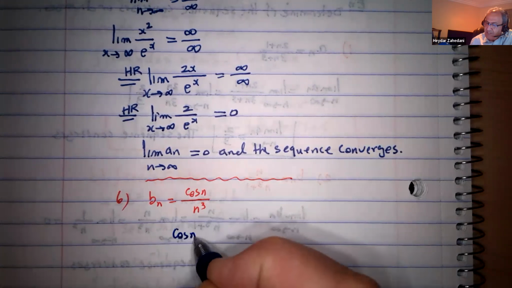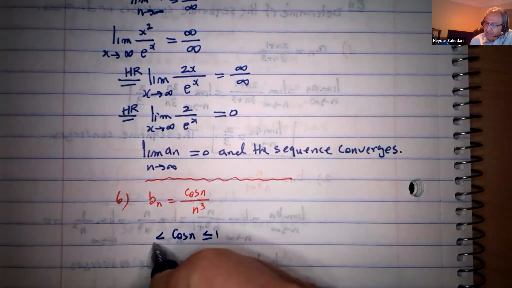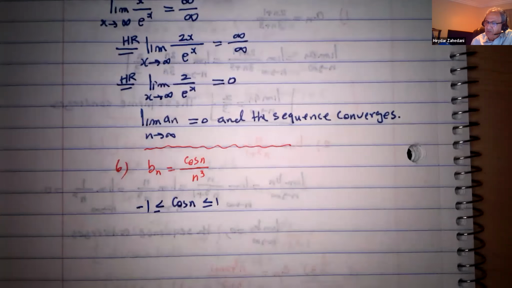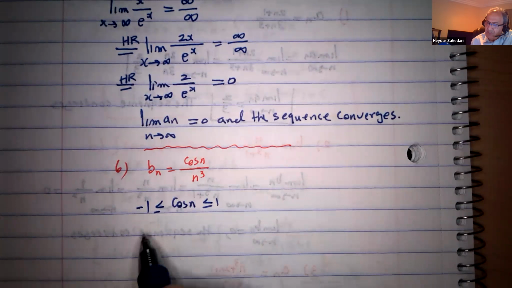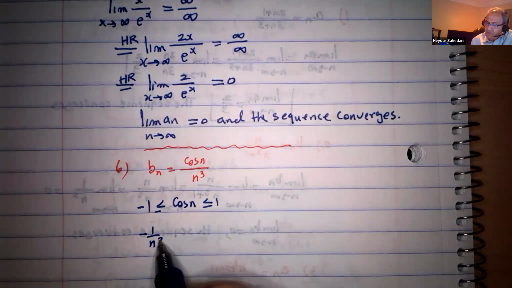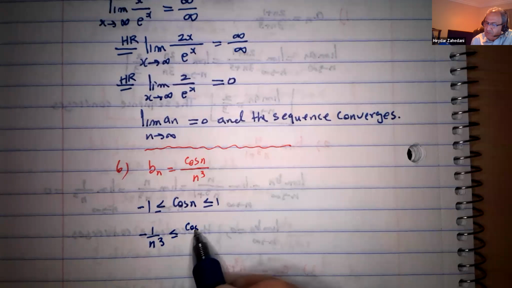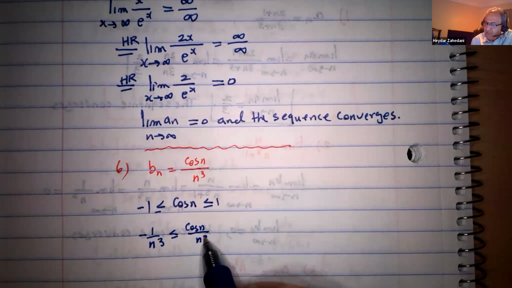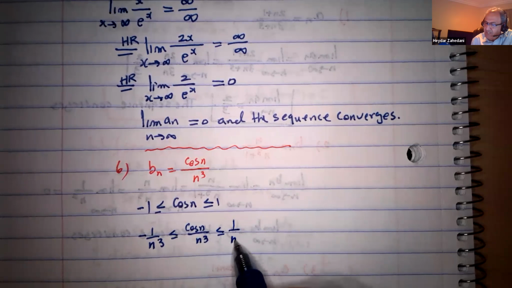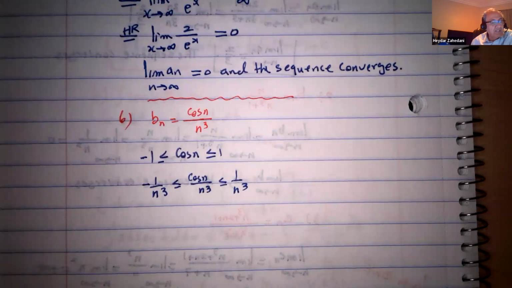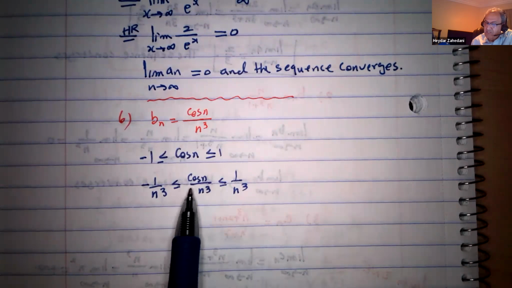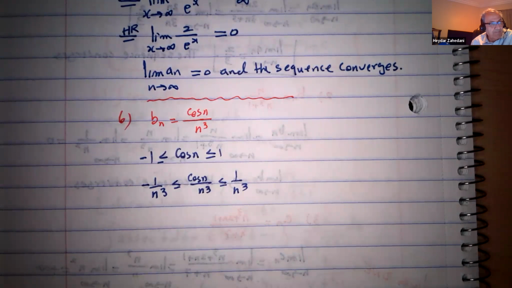Cosine of n is between 1 and -1. You divide by n cubed: -1 over n cubed is less than or equal to cosine of n over n cubed, which is less than or equal to 1 over n cubed. That's a squeeze inequality. You just squeeze it between two functions.